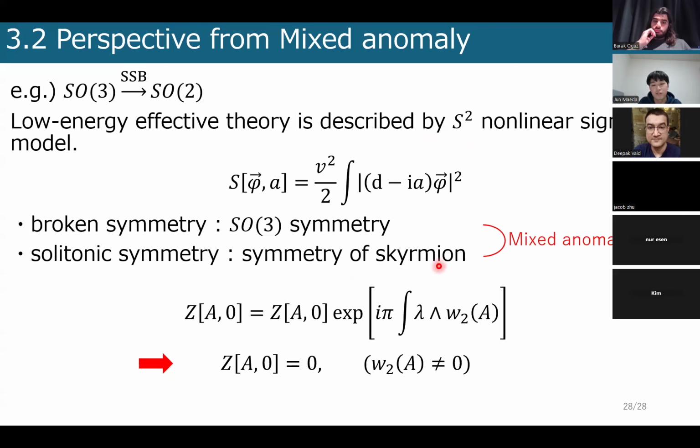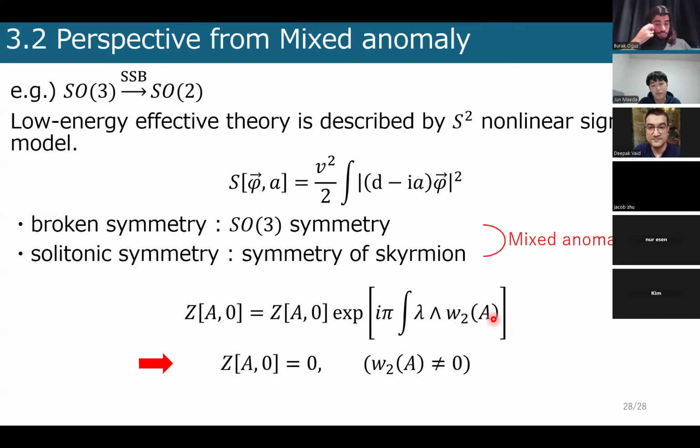And it is known that there is a mixed anomaly between SO(3) and the symmetry of skyrmions, and the expression of the anomaly is like this one. Here, this w_2(A) is the second Stiefel-Whitney class of A, which is an obstruction to lifting from an SO(3) gauge field to an SU(2) gauge field.